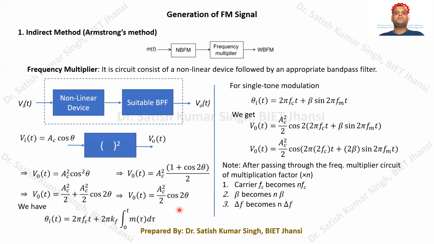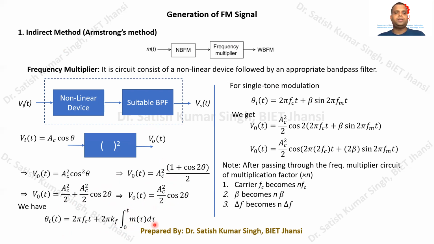Now, for example, suppose we have already defined the angle for our FM signals. How have we defined the angle theta i? If you recall, in the previous lectures I defined theta i(t) equals 2 pi fc t plus 2 pi kf integration from 0 to t of m(tau) d tau.